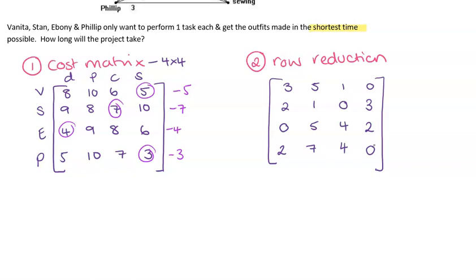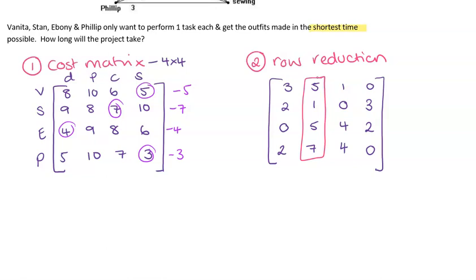Now, some of you might look at that and go, okay, well, can't we just allocate? If a 0 means a possible allocation, can't we just allocate the jobs to the people that have the smallest time possible? The problem we have at the moment is that in our second matrix here, there is no one who has a good allocation to the purchasing.